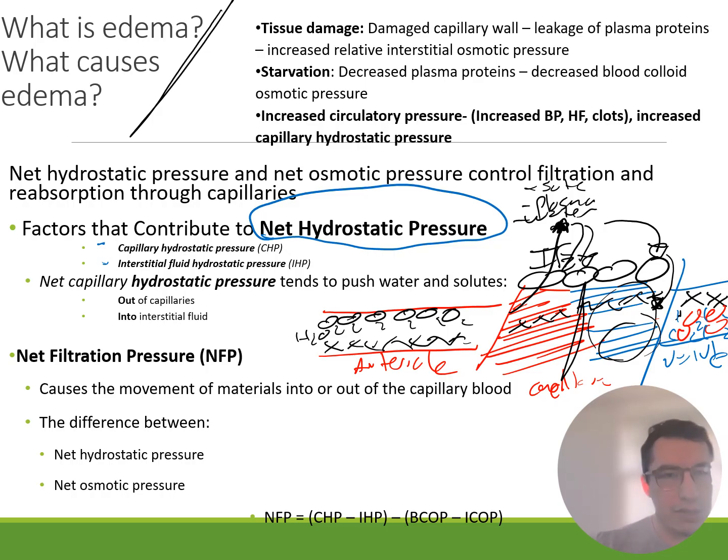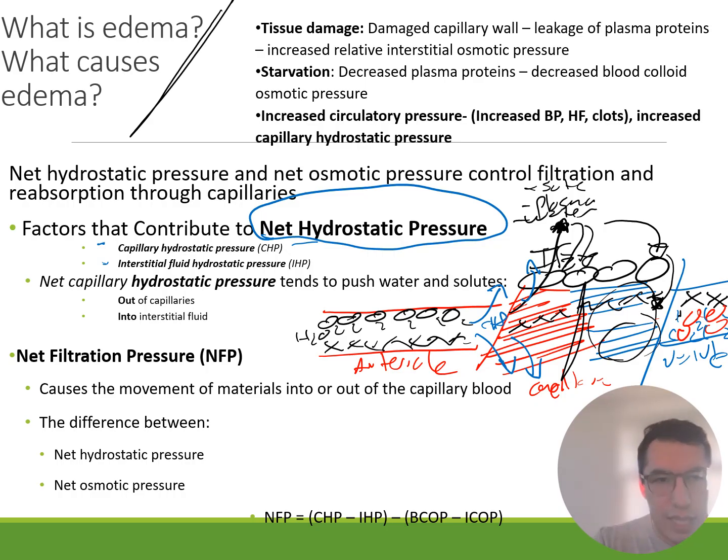The net hydrostatic pressure is the net filtering out of the molecule. So we have the capillary hydrostatic pressure, which is the pressure pushing out, CHP. We're gonna put it here, CHP is what is pushing out all of that plasma, like all the water, all the solutes.